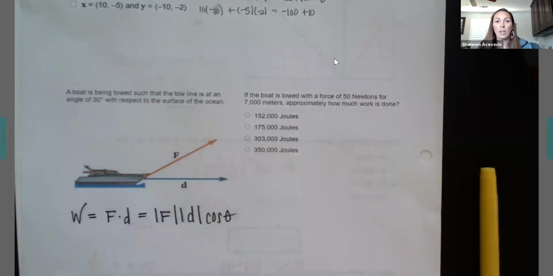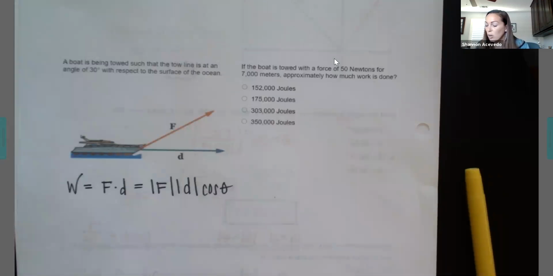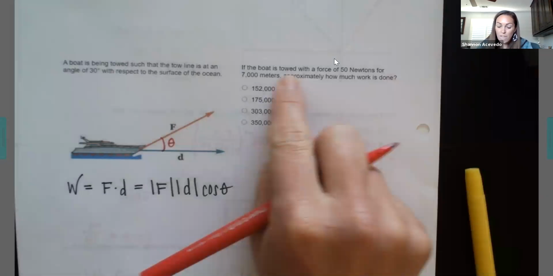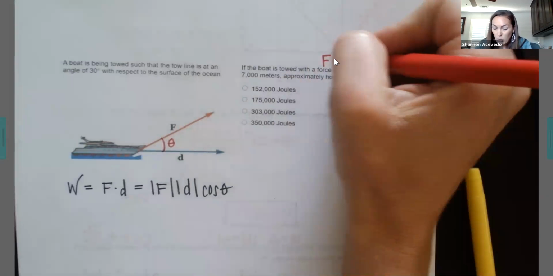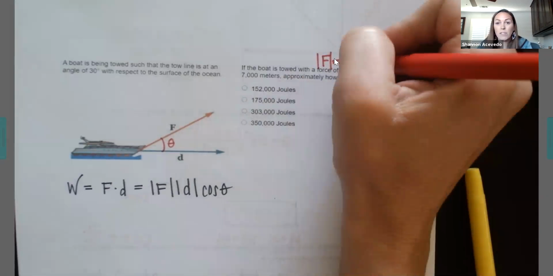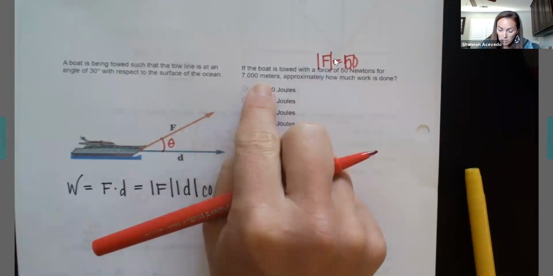So I look here and I go, a boat is being towed such that the tow line is at an angle of 30 degrees with respect to the surface of the ocean. If the boat is towed at a force of 50 newtons, so my force is going to be 50 newtons for 7,000 meters.